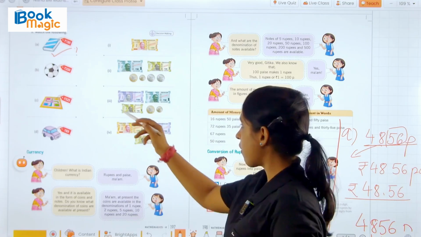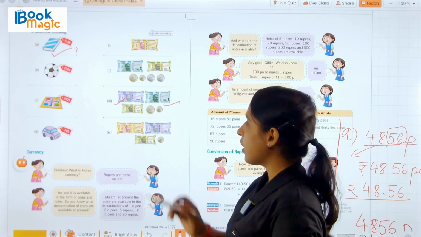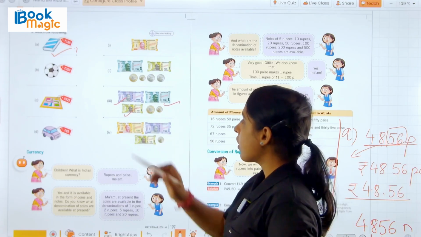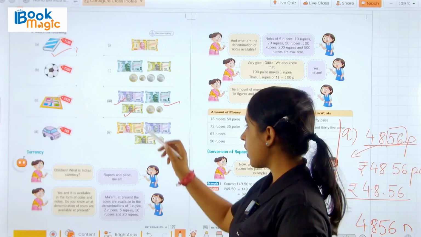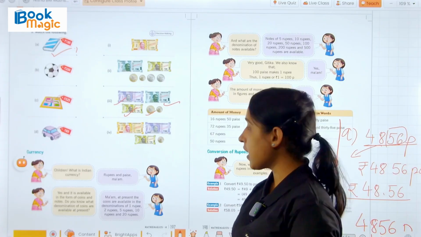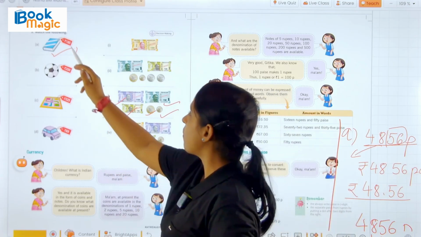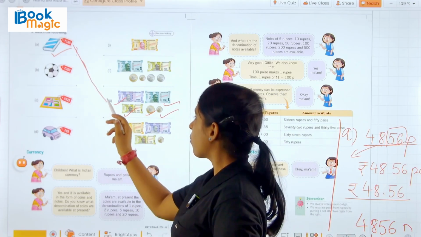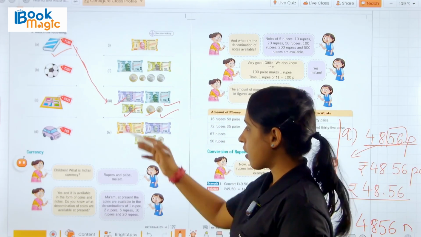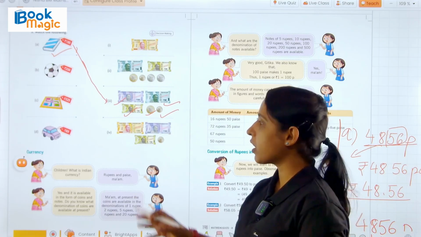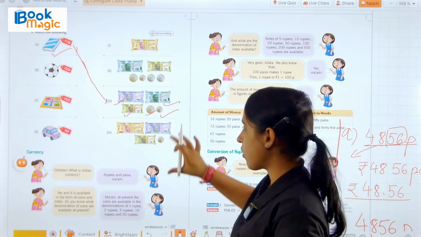Here we have 100, then 50, so 150, 20 is 170, 10 is 180, and 5 will become 185. So we will match this notebook to the third one. In this manner you have to count the money, and then you will easily match the following.